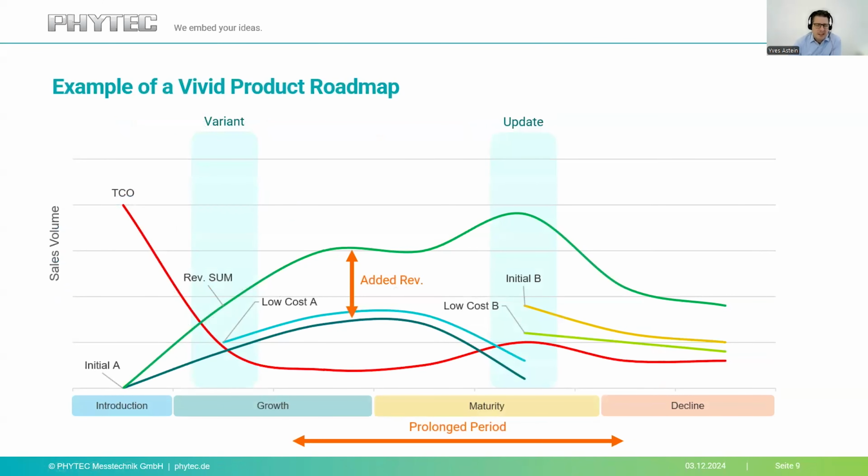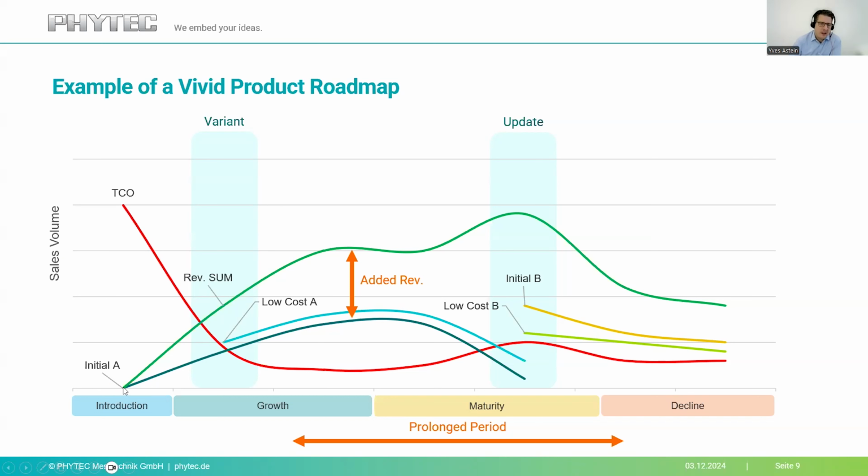I've created this overview of what the options are if you're using a standard, and how a vivid product roadmap of your end product could look in order to make the most use of the standard. So let's have a look here. The TCO, that's the total cost of ownership, including development and maintenance, is the red line.